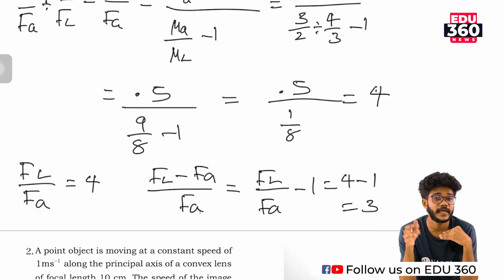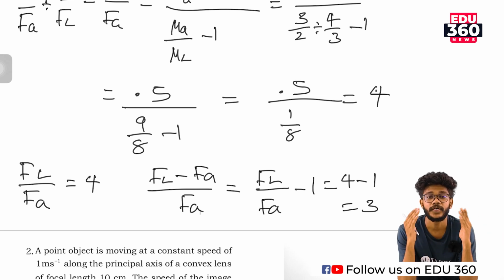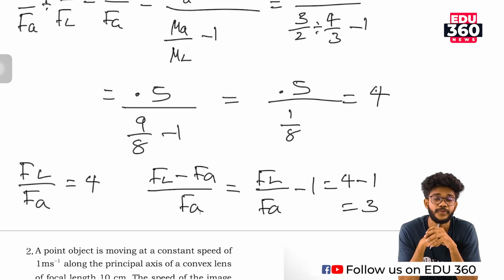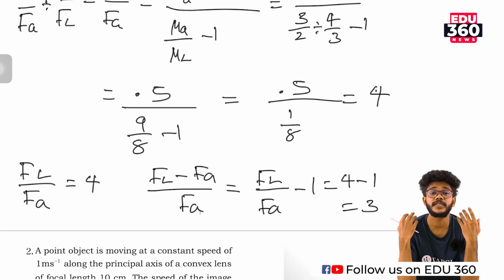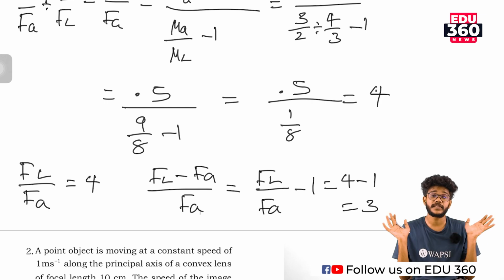So what does that mean? An increase in focal length has been made here of about 300 percent. Final value minus initial value divided by the initial value, multiplied by 100, gives the percentage change. Here it is an increase, so we have the percentage increase as 300 percent.